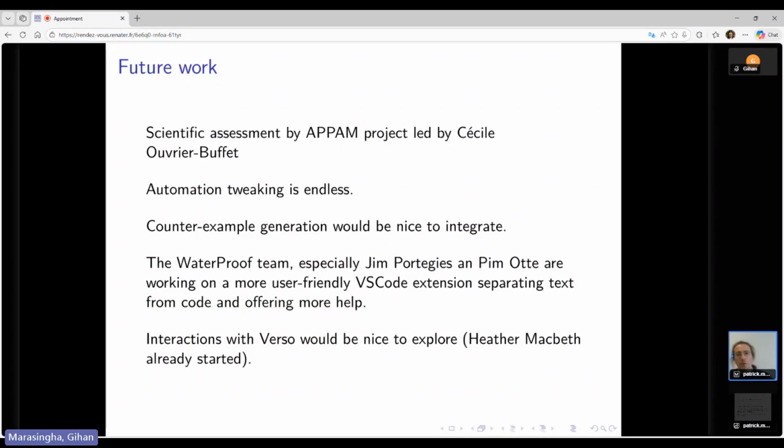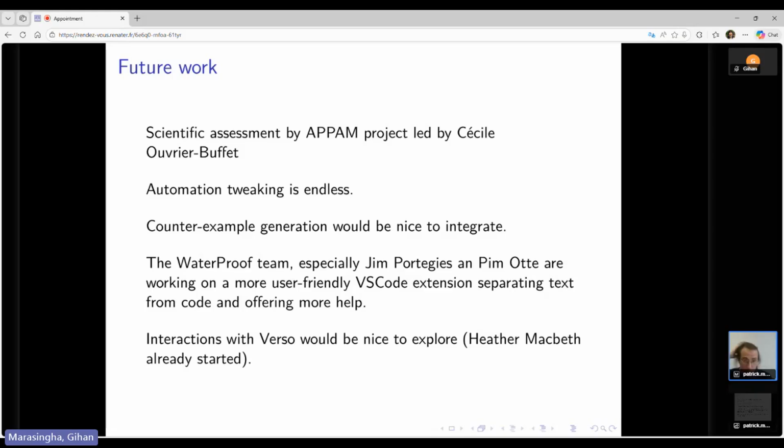It's much more stable than 1 year ago. 1 year ago, I was tweaking automation every week. When I used Verbose Lean with Lean 4 for the first time, I was tweaking automation with every new exercise, basically. But no, it's pretty stable, but still evolving.